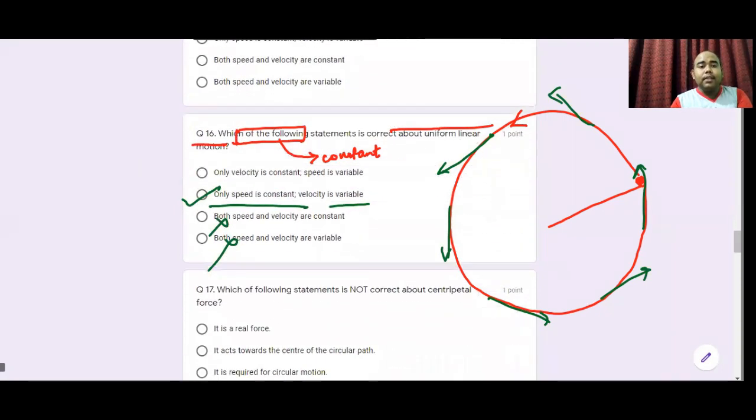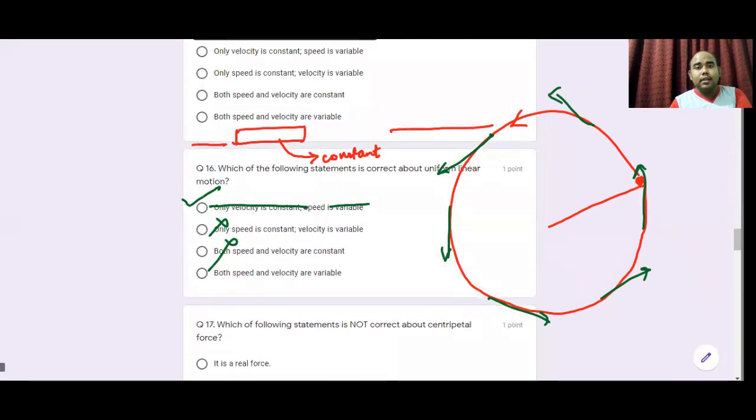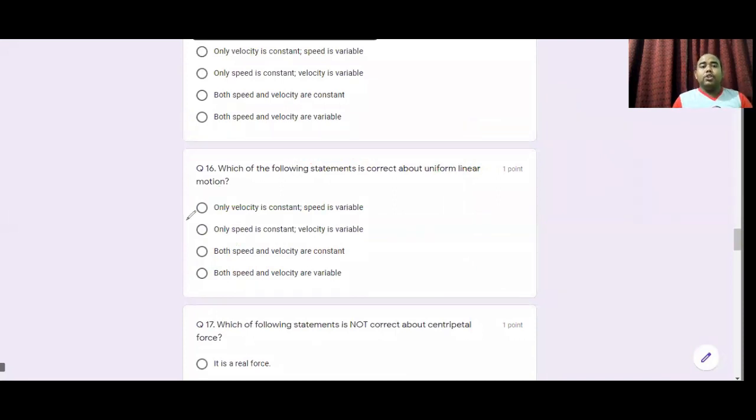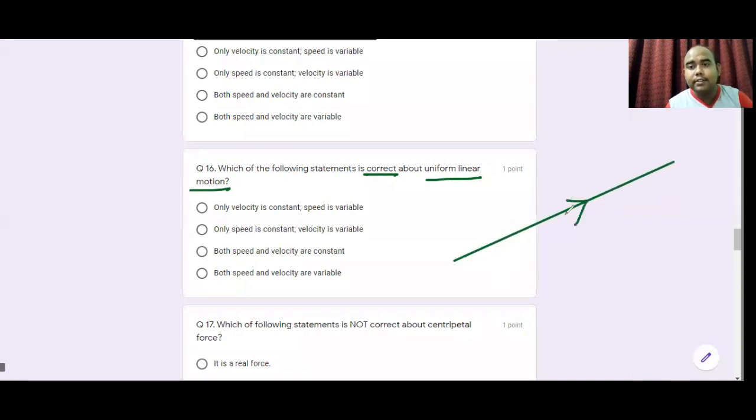Next. Question 16. Which of the following statements is correct about uniform linear motion? We have to know what is uniform linear motion. When a body moves in a straight line path, it is moving just like this, in a straight line path with constant speed. Constant speed means uniform speed. That is why the word is there, uniform motion.